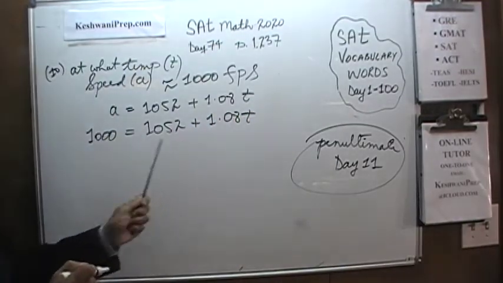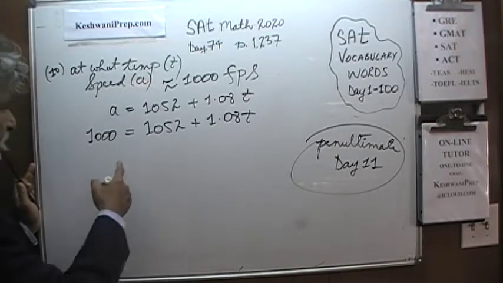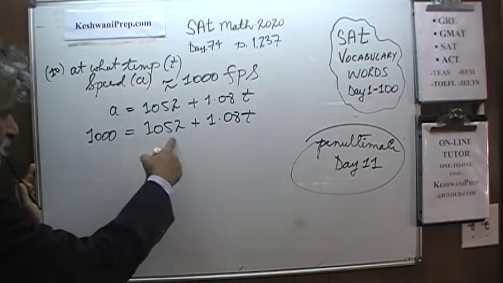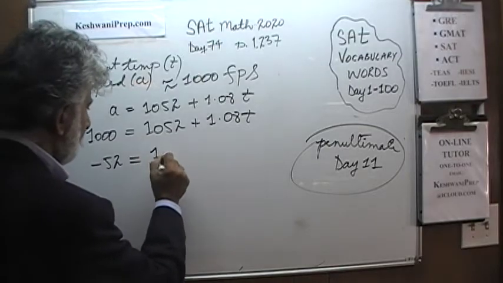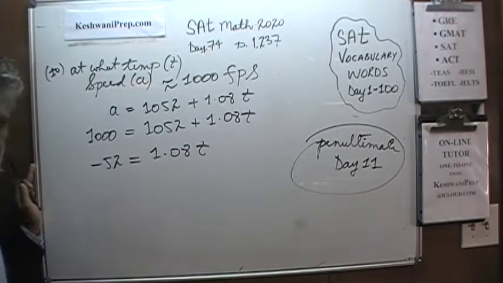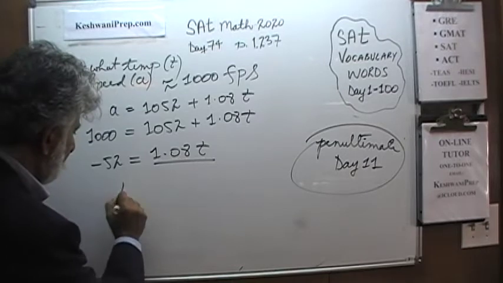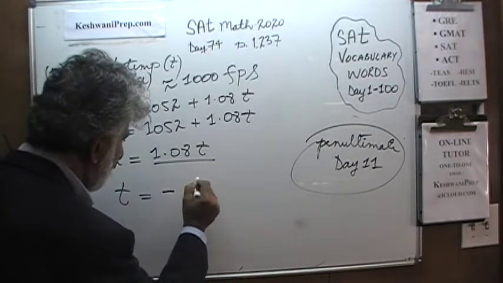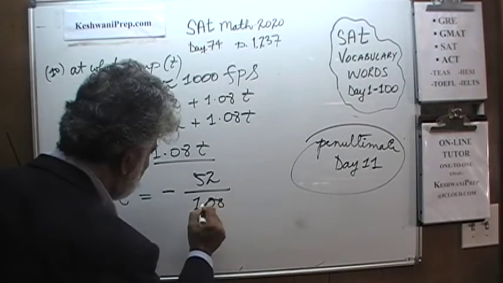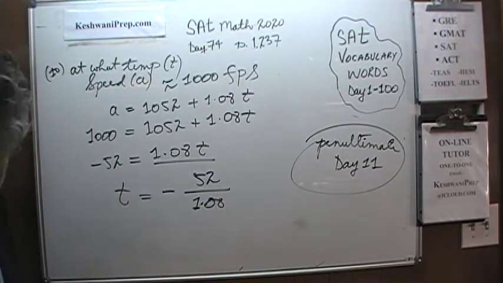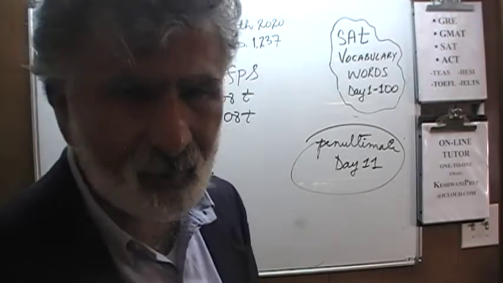Let's subtract 1052 from both sides, and we'll end up with negative 52 equals 1.08t. Divide both sides by 1.08 and we'll find that t is equal to negative 52 over 1.08. We don't have to worry about the negative because when we finish we can insert the negative sign at the end.